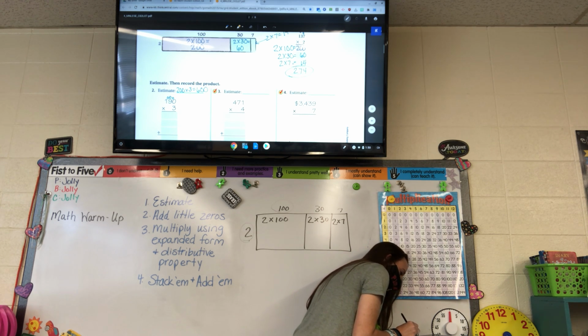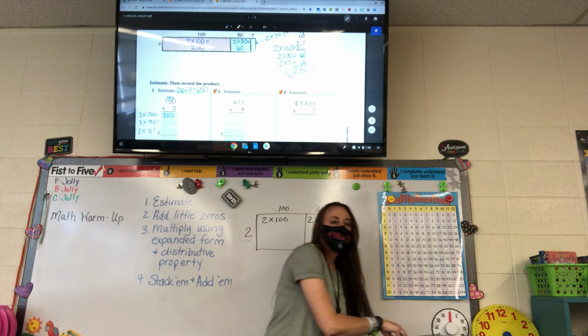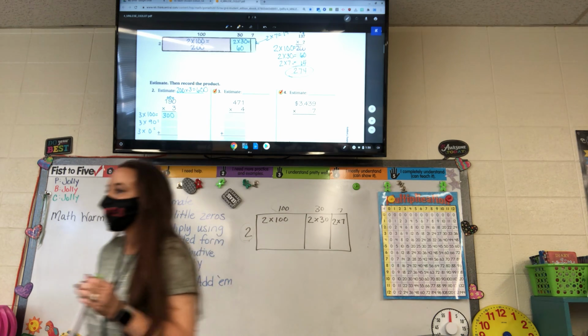Then we start multiplying. 3 times what? 100. 3 times 100. Good. Then 3 times 90. Then 3 times 0. Very good. So 3 times 100 is 300. What's 3 times 90?